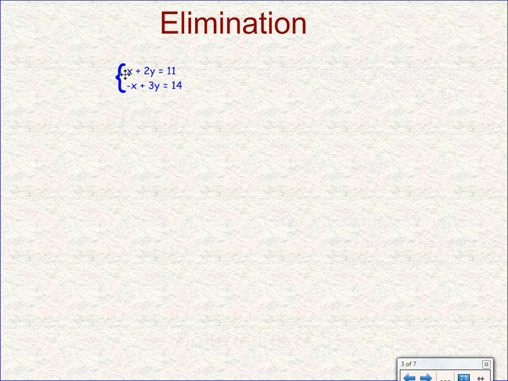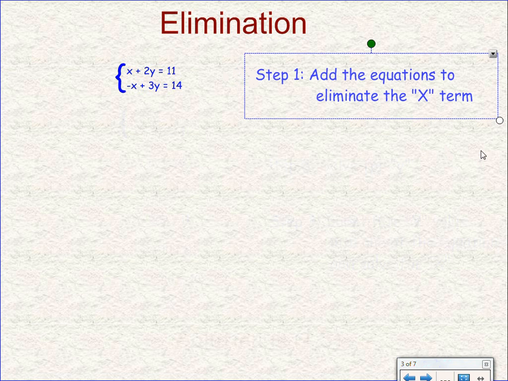If you have a term that has a coefficient of 1, then substitution works well. In this case, we have both, but the method we're using here is elimination. So I'm going to eliminate one set of terms, the x's or the y's. I'm going to add them together to eliminate the x term.